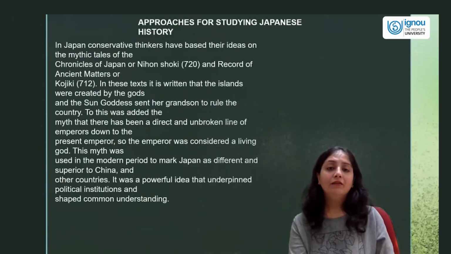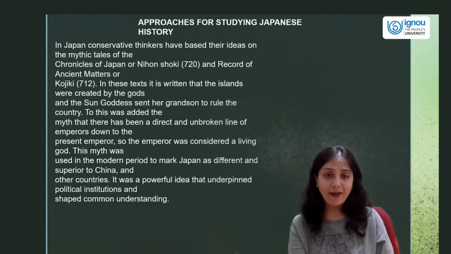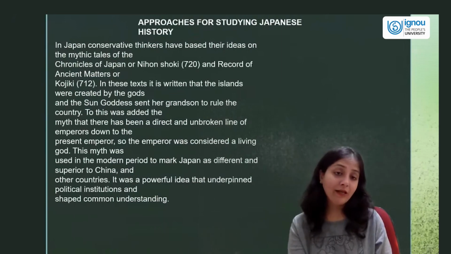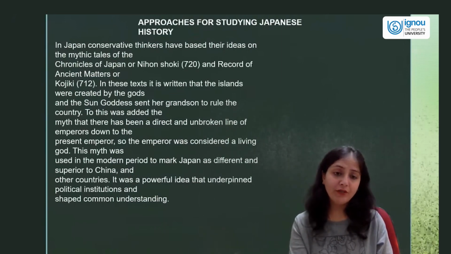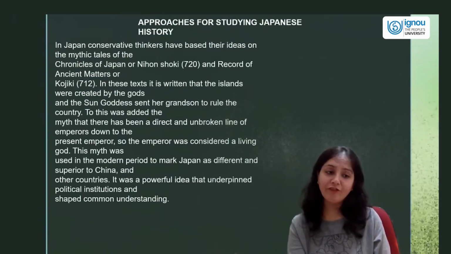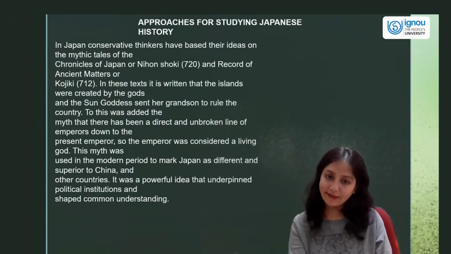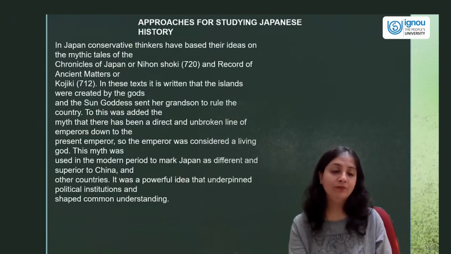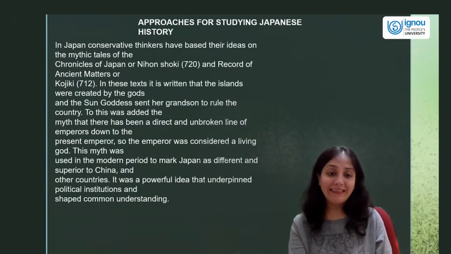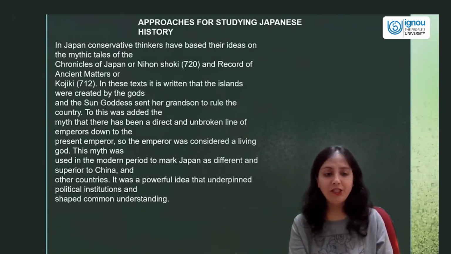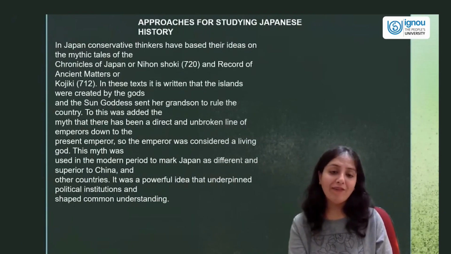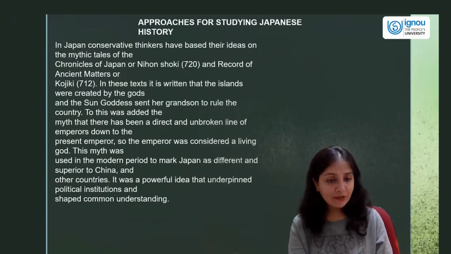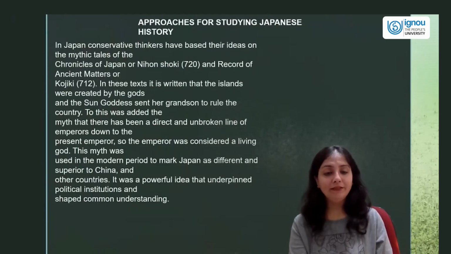Nowadays we can say that Japan is a different country, and you can say superior to many other countries, technology wise, technique wise. It was a powerful idea that underpinned political institutions and shaped common understanding.